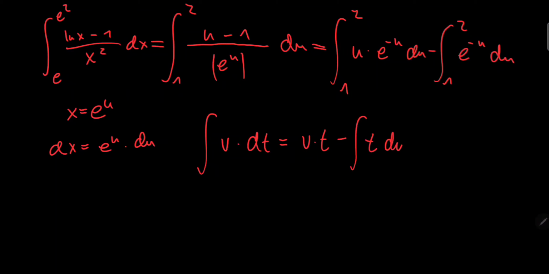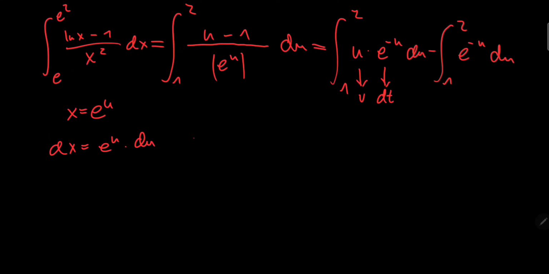And here we want to take u equal to the function v and e to the negative u equal to dt. And let's apply this formula, giving us u times, and now we need to find the antiderivative of e to the negative u, but clearly that's just negative e to the negative u.